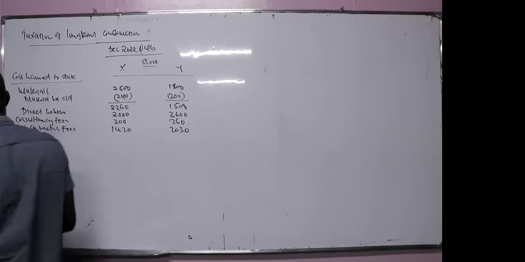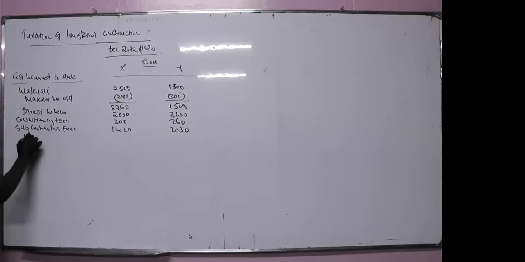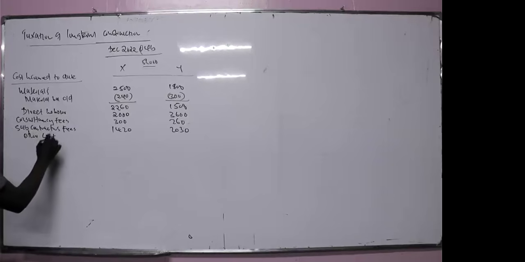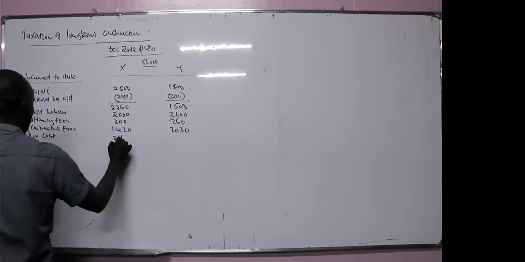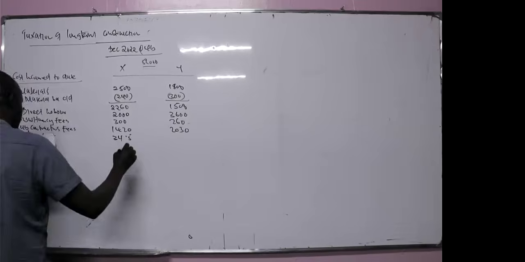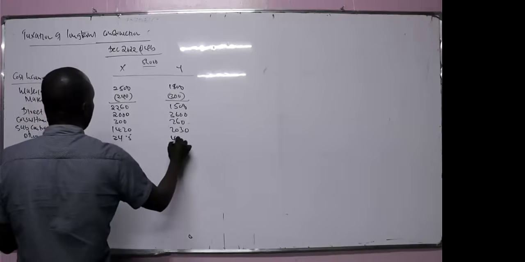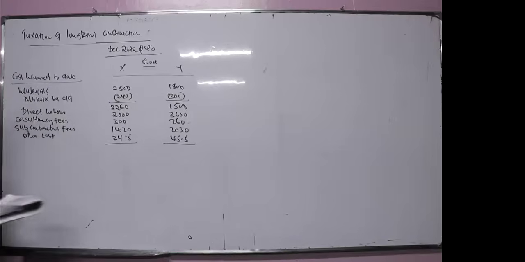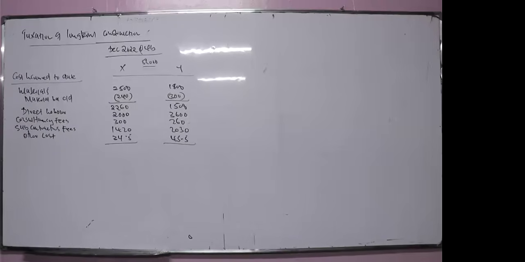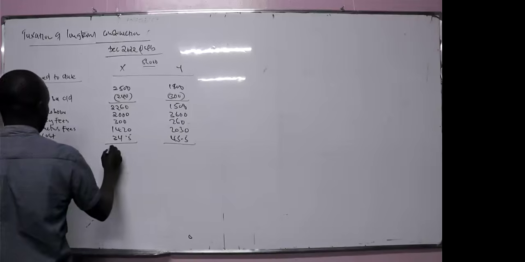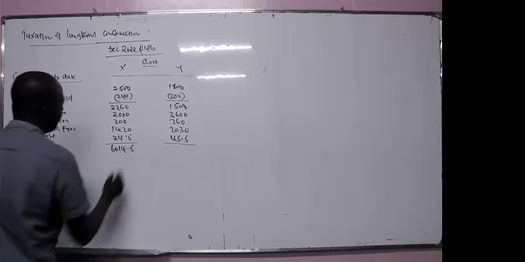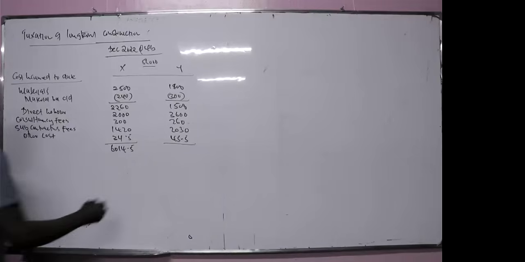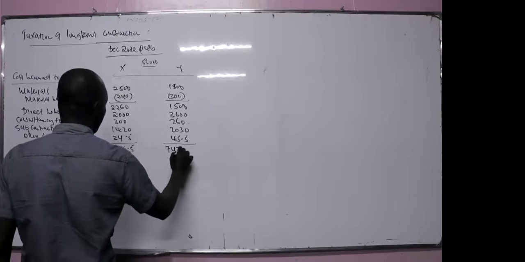Other direct cost, 34.5, 45 point. So we add them. This is the cost incurred to date. 60, 14.5, 74, 35.5.